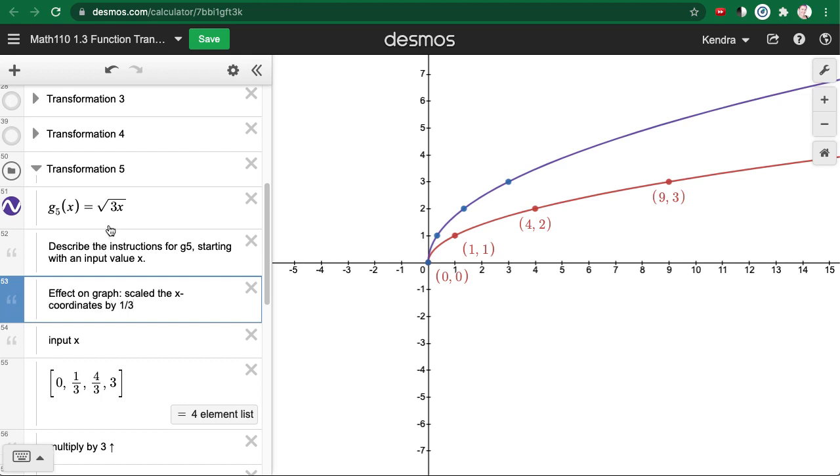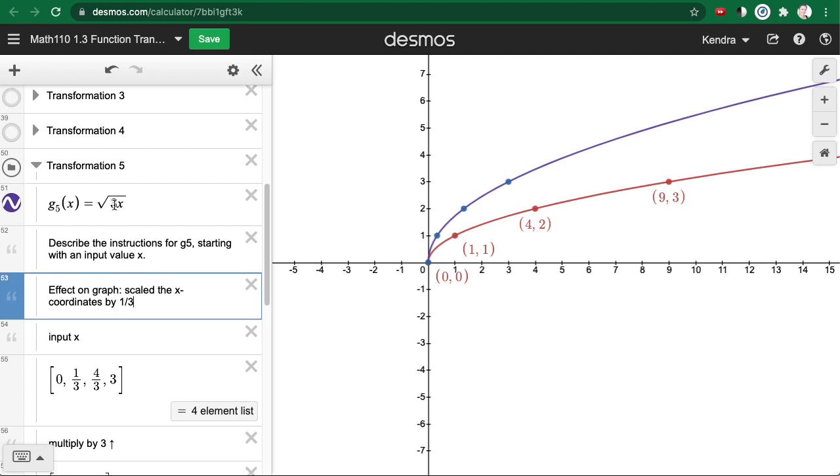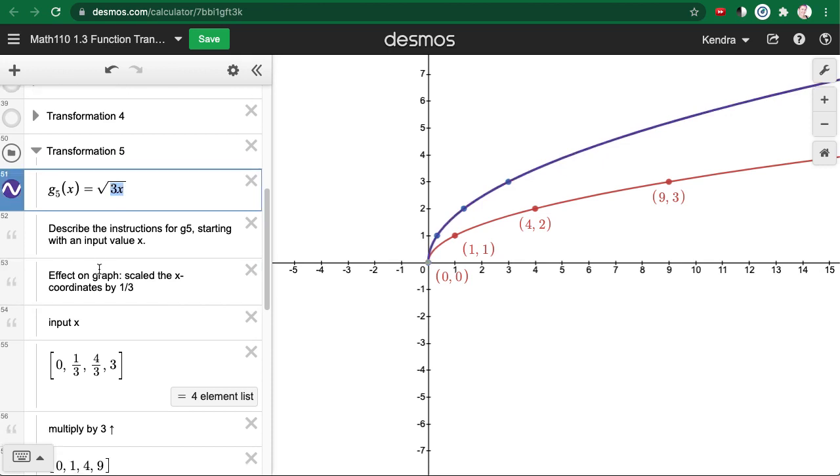Multiplying the input by 3 before applying my function had the effect of scaling the x coordinates on my graph by 1/3. Okay, again, we have this sort of inverse relation between the thing that happens to the input value before applying the function versus the thing that happens to the x coordinates on the graph.